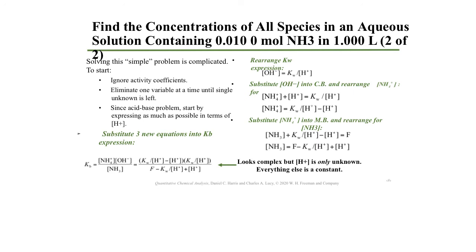You can then finally come back down to this, because now you're substituting into the Kb, but you've solved for NH3 in the form of H plus, and you've solved for NH4 in the form of H plus. So ultimately what you get is something that looks like that, where it's only H plus and these constants.